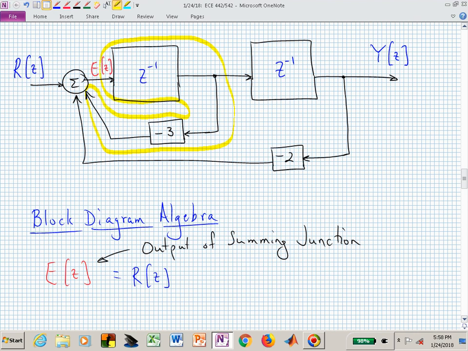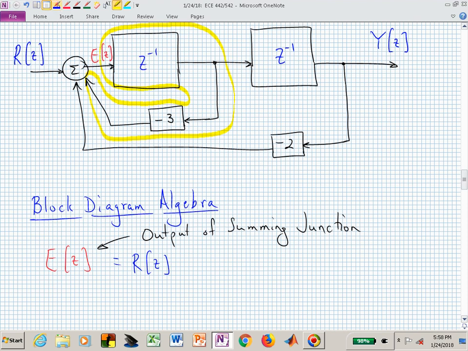Do you see that I can now write that signal that's coming into that summing junction in terms of gains, z to the minus 1s, and E of z? Or I can rewrite this as minus 3 z to the minus 1 E of z. That's this term.